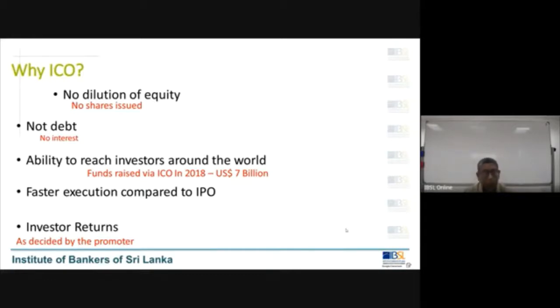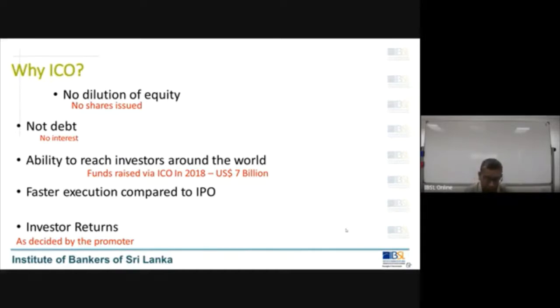So these are some of the good points about the ICO compared with an IPO, right? So it is a new way of raising money. Like the IPO, initial public offering, we call this initial coin offering.